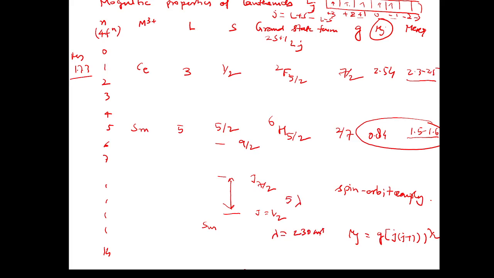So what happens at room temperature is that these other orbitals are also populated with spin. So the extra magnetic moment will contribute. This happens with samarium and europium, and a little bit with terbium. Okay, so that's the thing.